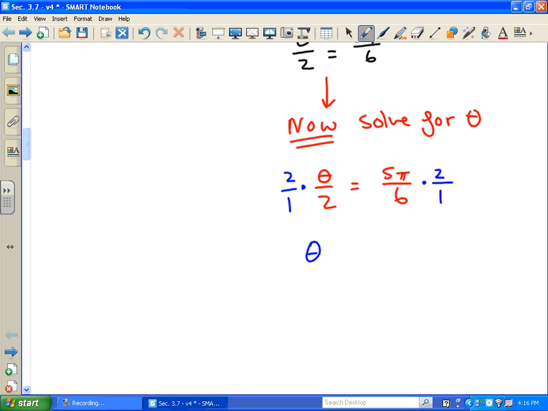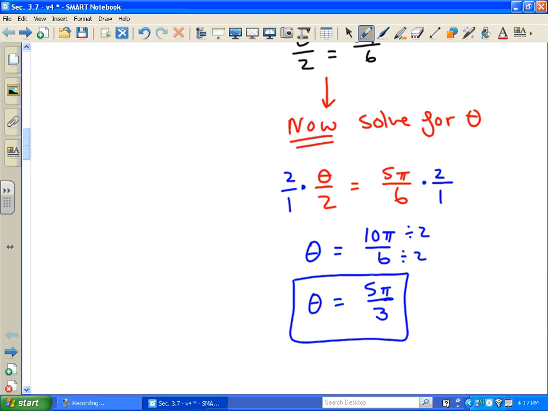So theta by itself is going to equal 2 times 5 pi, which is 10 pi over 6. And then that will reduce by dividing out a 2. So this would be 5 pi over 3, and that's my one final answer. This concludes this example on solving trig equations.